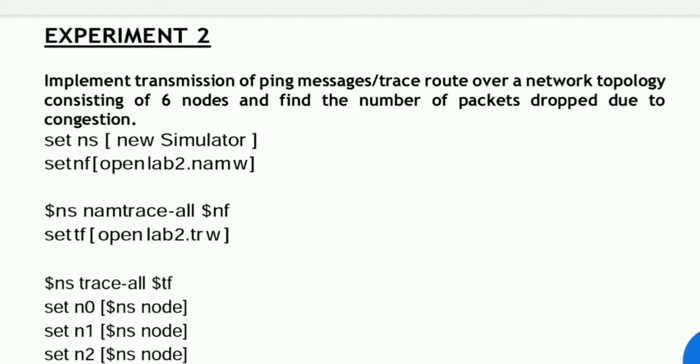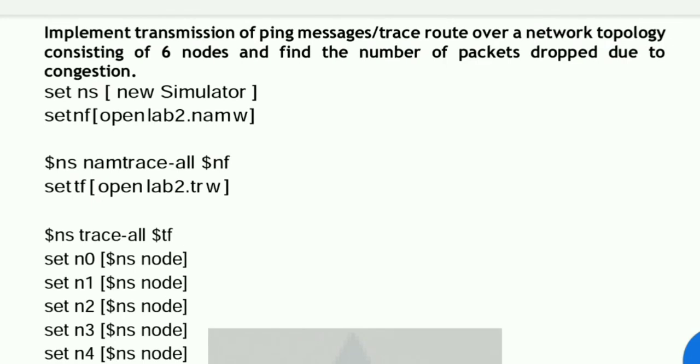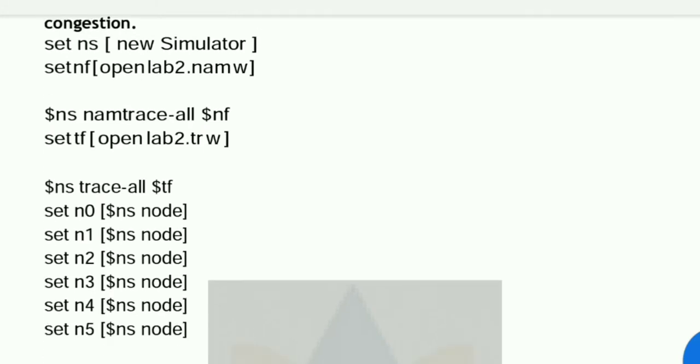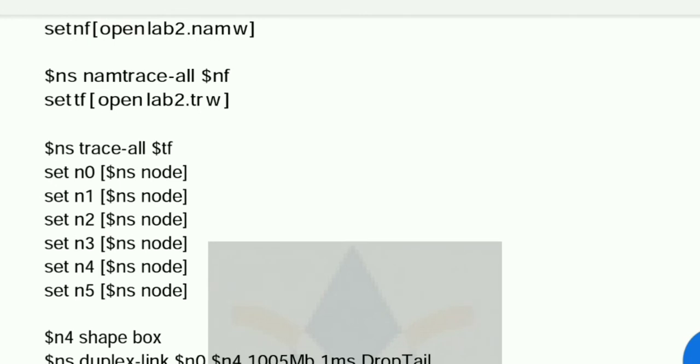Here we start with setting the network simulator. We create an object instance of that with the variable name ns, and we have your animation file and the trace file all set, and then we will start with the creation of the nodes. Here we have to create 6 nodes, so we are doing the same.